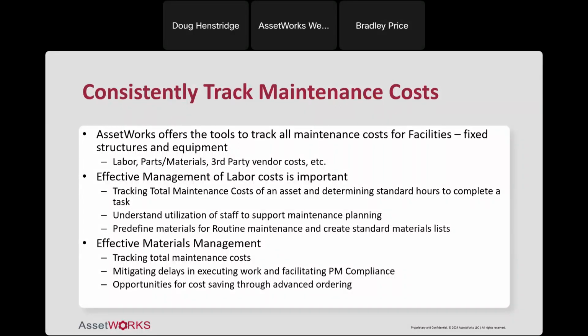And by doing that, you can also build a standard parts list for the PM schedule, so that when you generate that, it'll actually bring up the exact things you need, and they should be ready.